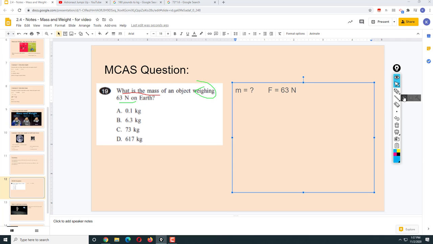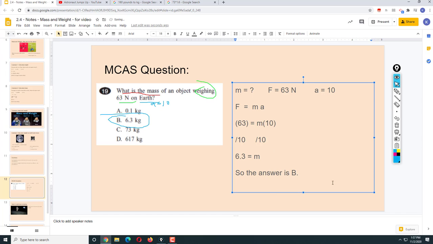We know on Earth, gravity is about 10, so a or g is about 10. Same formula. So the force is 63, mass we don't know, and acceleration is 10. Divide both sides by 10. And I get about 6.3 equals m. So the answer is B. Mass is 6.3 kilograms.